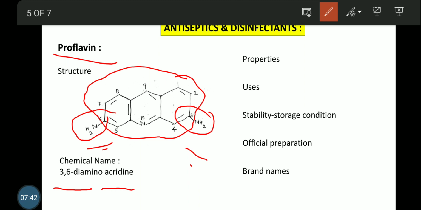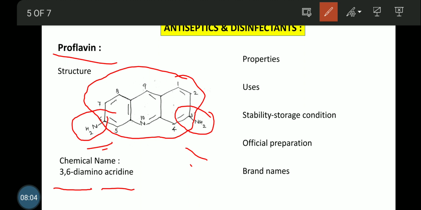Uses: it is used as an antiseptic and disinfectant. Official preparation: Proflavin cream BPC. Stability and storage: it is affected by light, therefore stored in well closed light resistant containers.